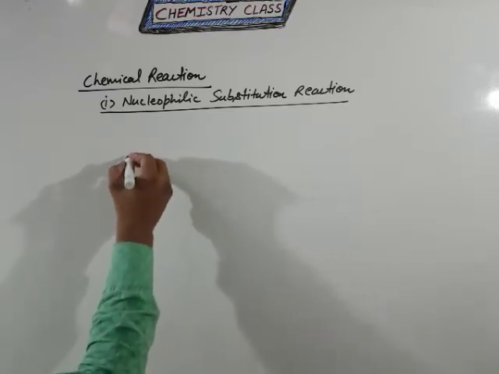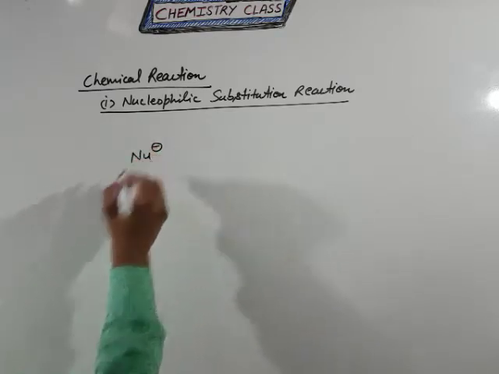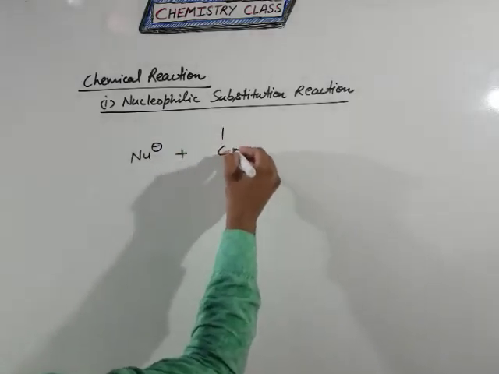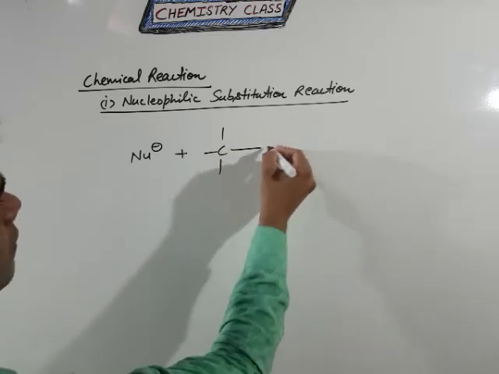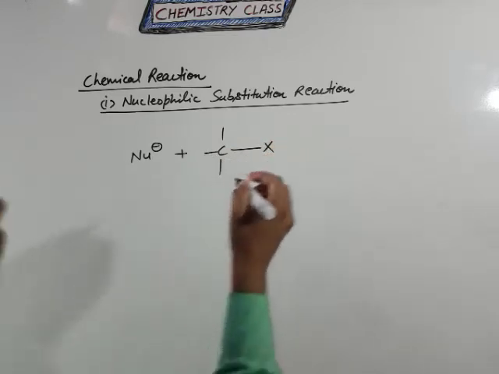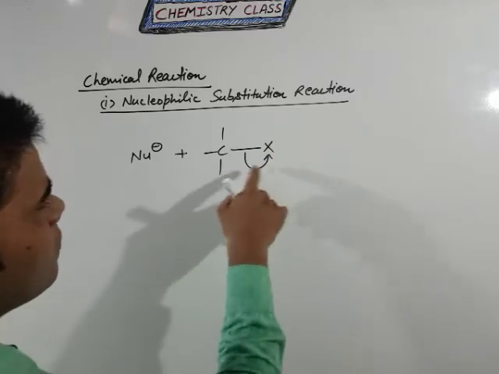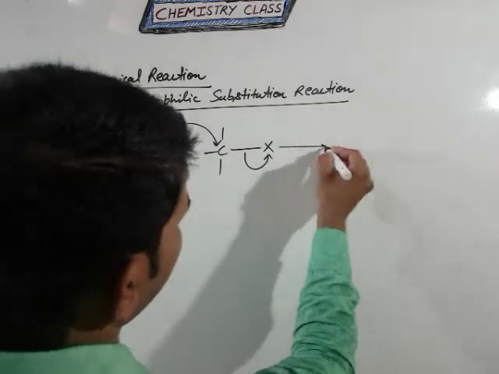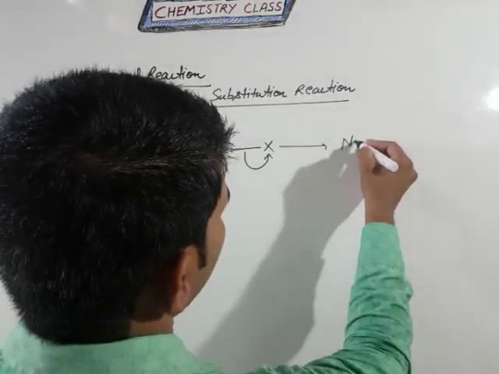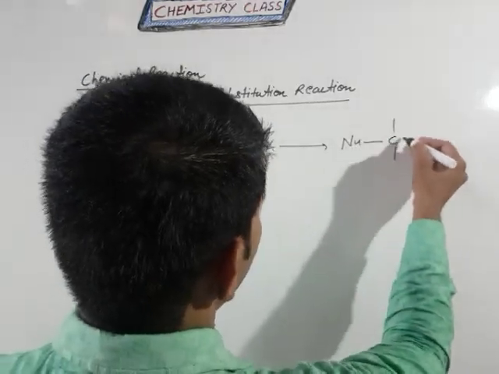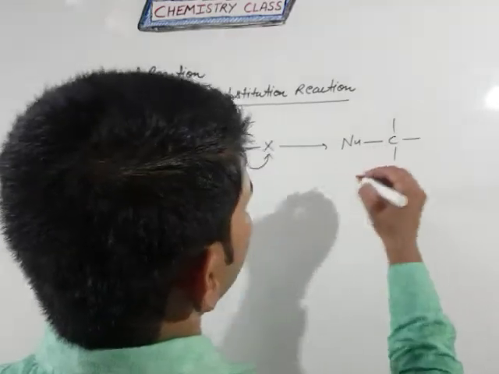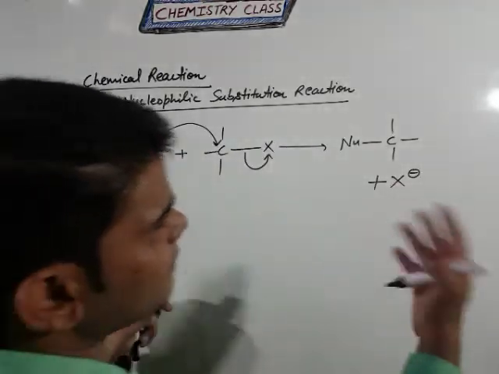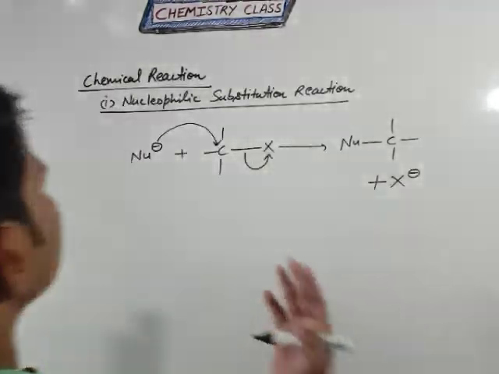For example, if you represent the nucleophile as Nu negative and the haloalkane carbon with X, then if X leaves from this system, the nucleophile attacks immediately and we get a new type of product. Clear? And one more nucleophile is formed as a byproduct in this reaction.